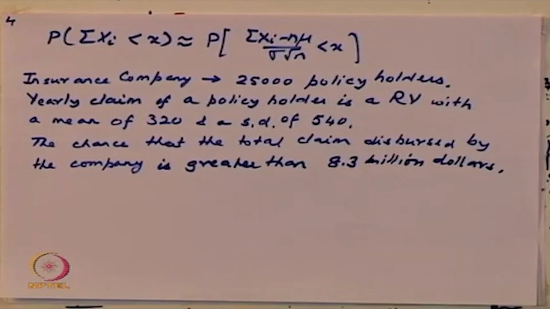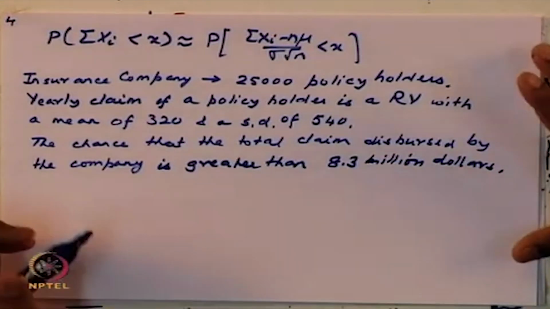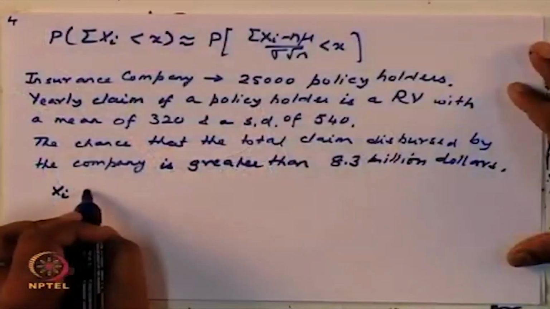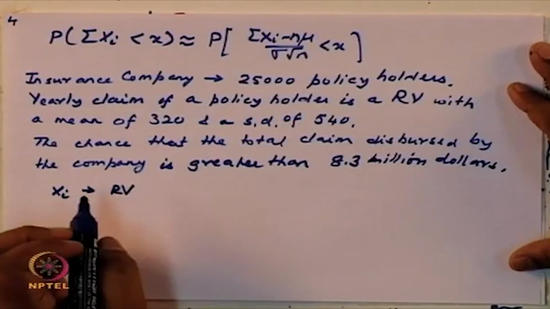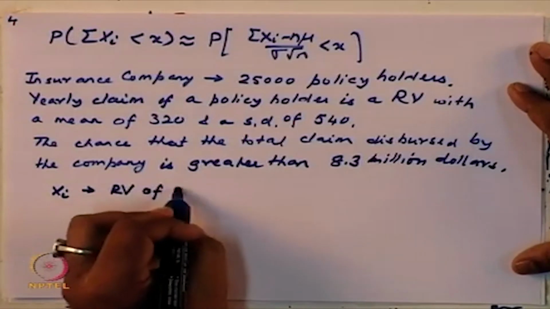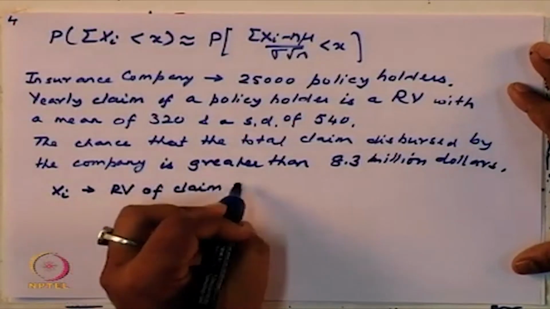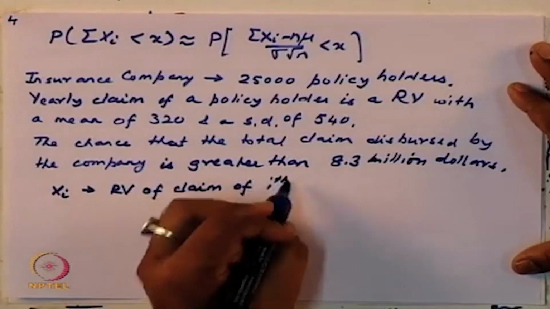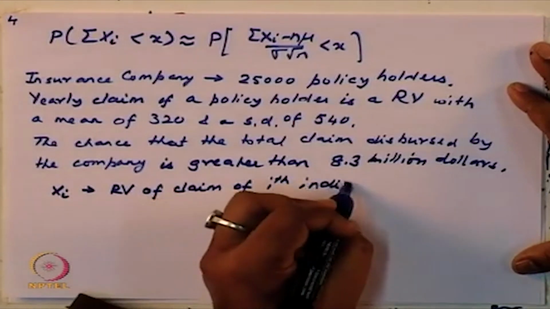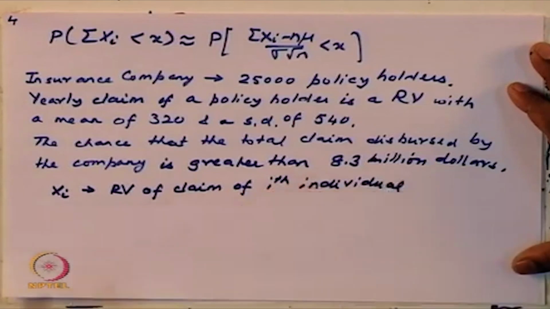Okay. So, if we are to make use of the central limit theorem, so what we are given is, xi is the random variable of claim of ith individual. Okay.